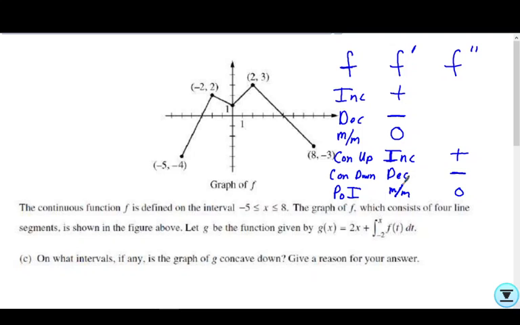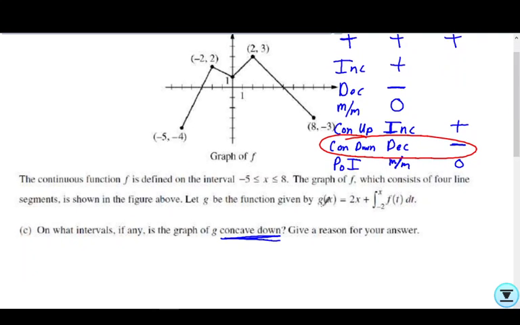So if I'm asking where my function is concave down, that means I'm looking where my derivative is decreasing.